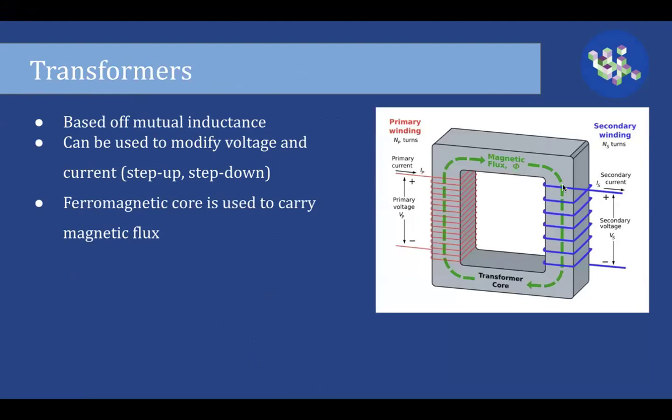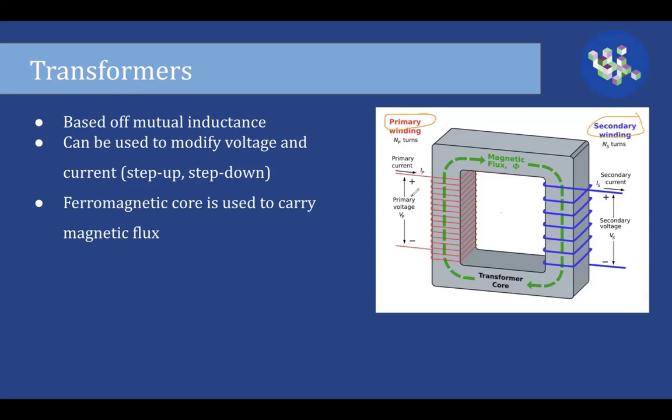The practical application I was talking about is transformers. In transformers, we have our first solenoid over here, the primary solenoid. And we have our secondary solenoid, like we're winding a coil around it.